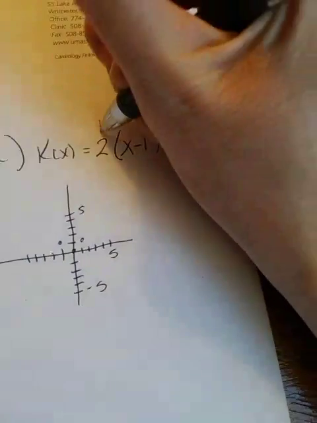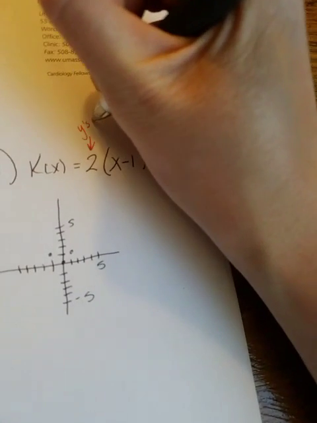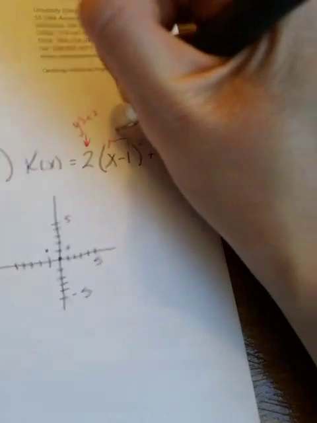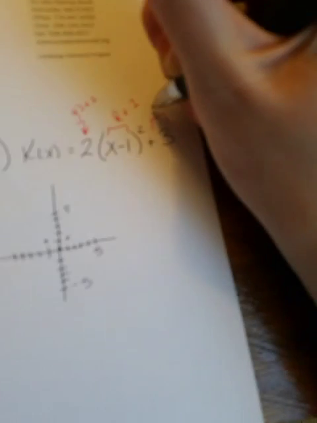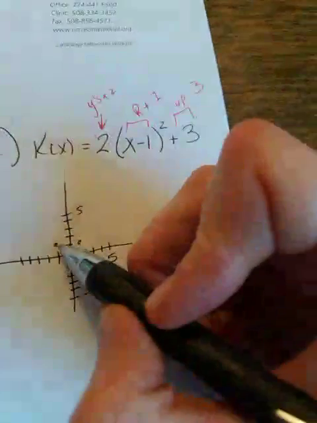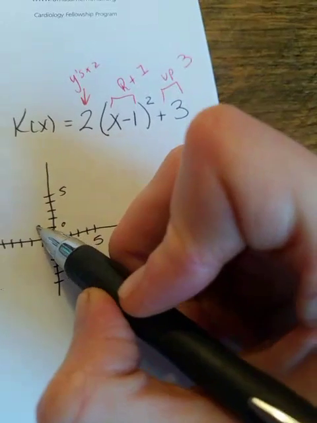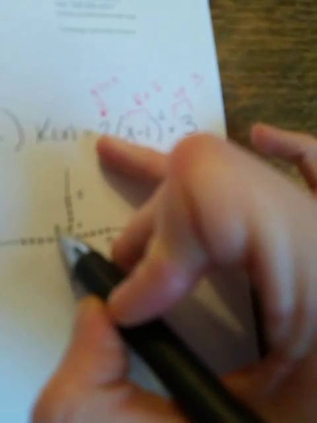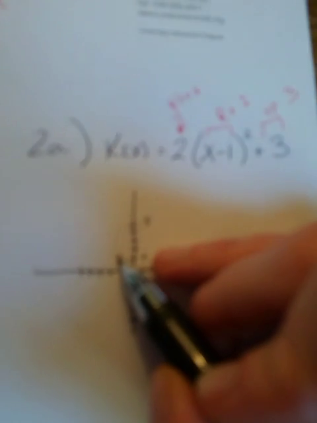So what's going on here? This is a vertical stretch, so I take my y's times 2. I'm going to go right 1, and then I'm going to go up 3. I'm going to do it 1 point at a time. So I have to do a little bit of mental math here. For this point, y's times 2.